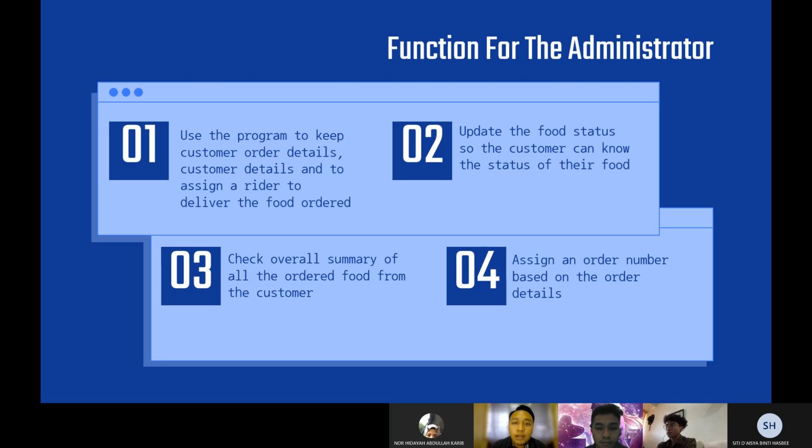As for the second one, which is to update the food status so the customer can know the status of their food, the admin can update the food status, for example, when the food is being prepared by the restaurant, or when the food is being picked up, or the food is on its way.